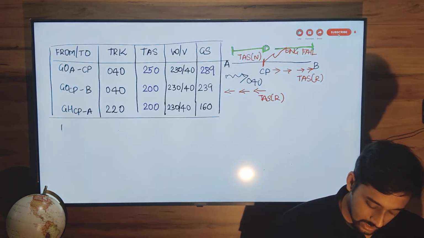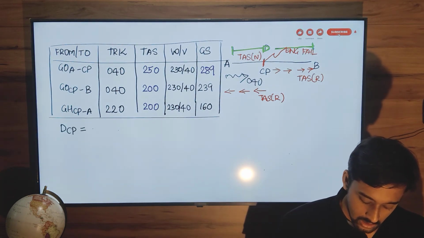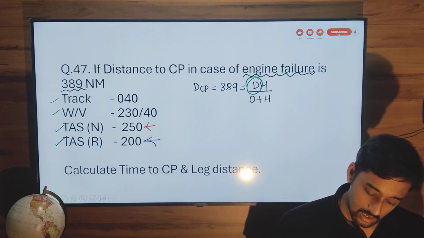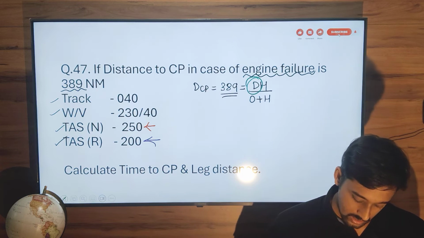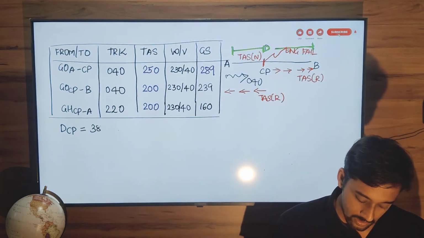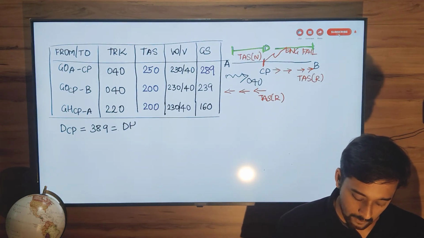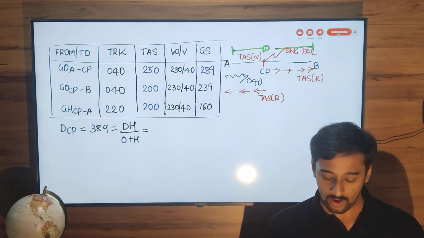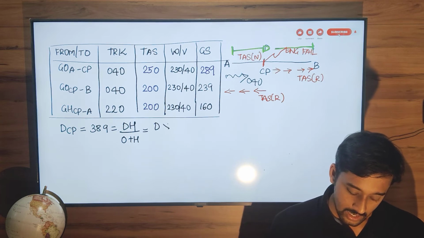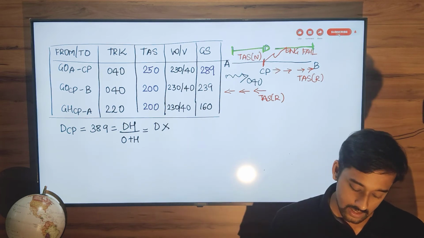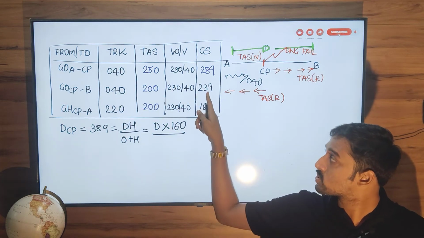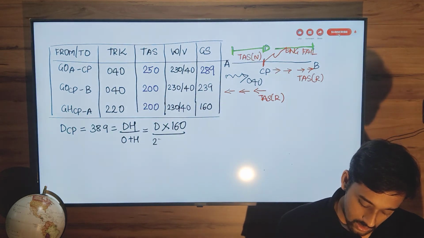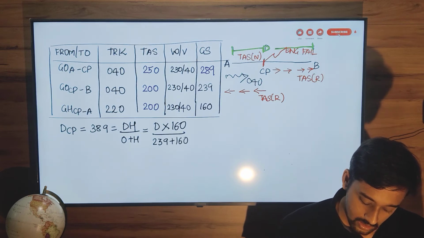So far we have been given DCP equals 389 nautical miles, the distance to critical point. So always we find it. Now they have given us D over O plus H. So we don't know the value of D, that we have to find out. H is 160. O is outbound, CP to B, is 239, plus 160 again.